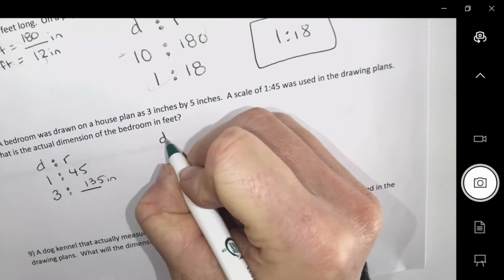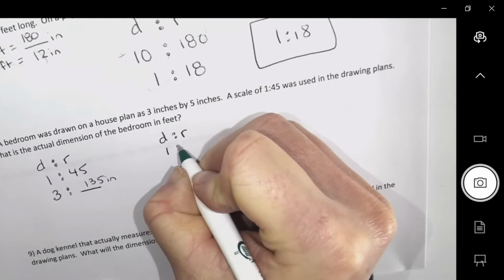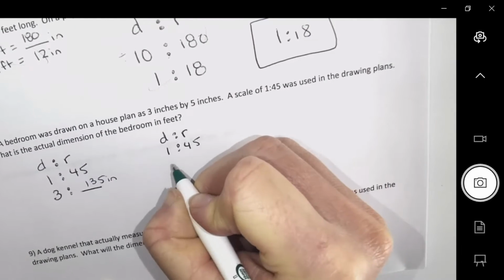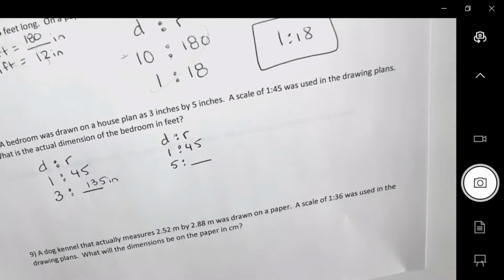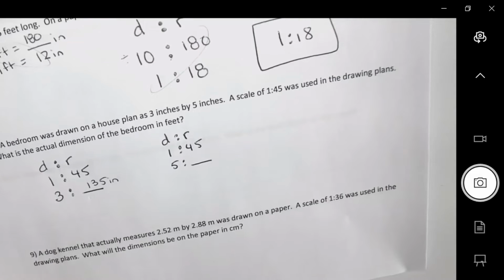Same thing we're going to do, the diagram to real. Every 1 on the diagram is 45 in real life. So having a 5 on the diagram is really 45 times bigger in real life.